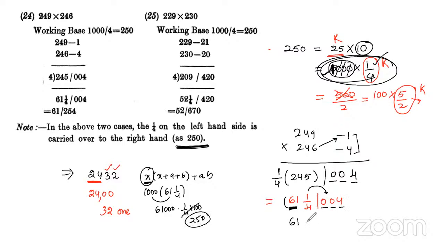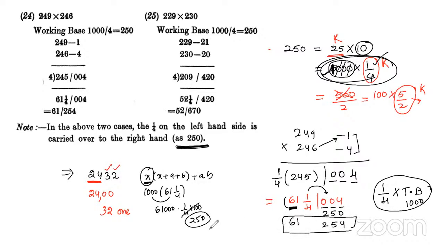Simply, whatever fraction we are getting, that fraction into the theoretical base, remember this point, that is 1000. 250 we have to add here. So we are getting 254 as our final answer. So in 61,000, you see 3 zeros. So 3 digits are fixed.